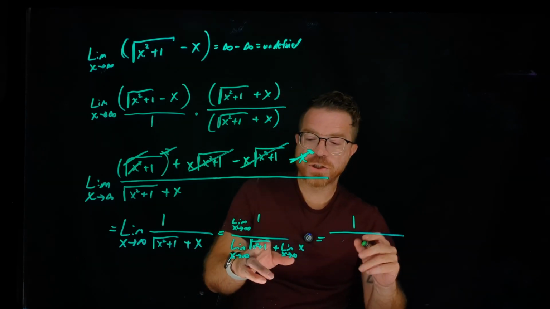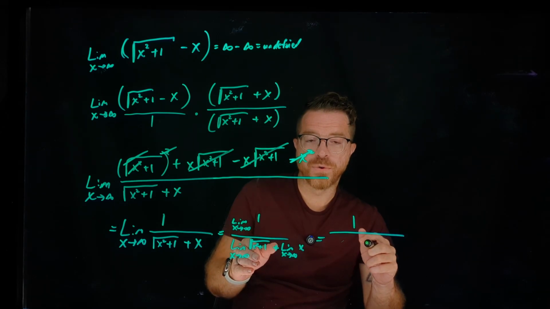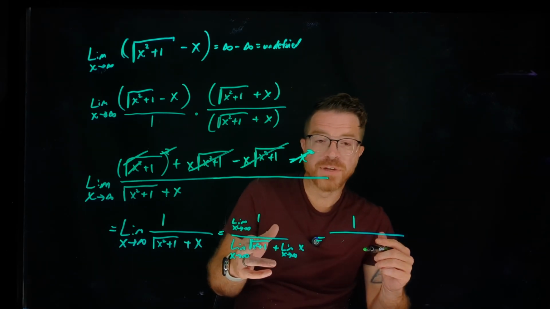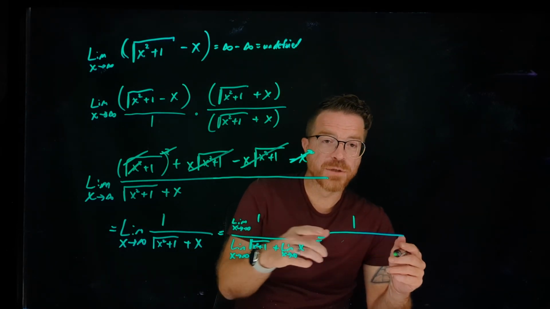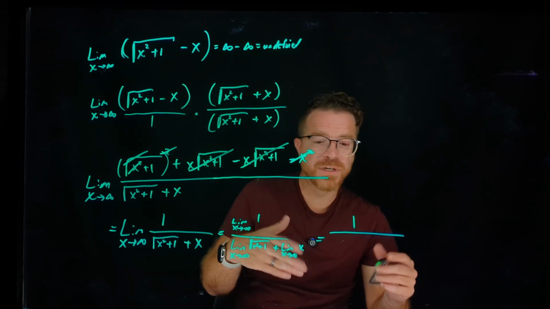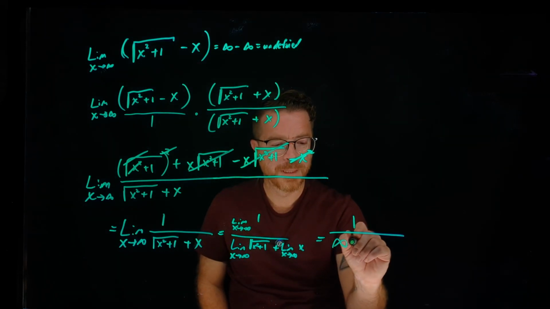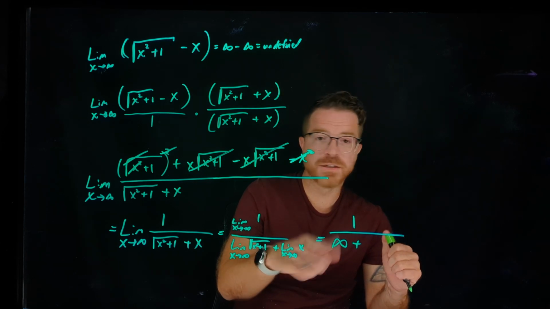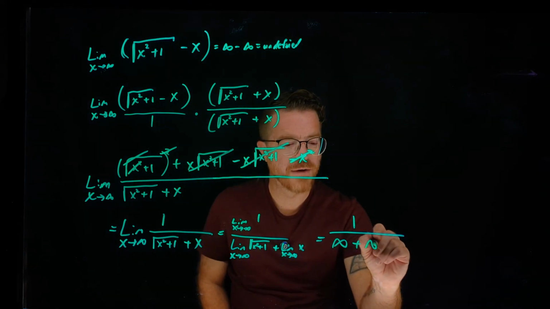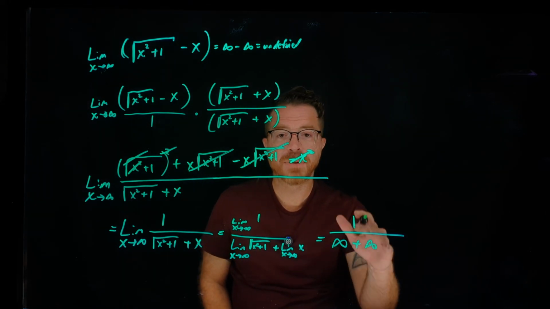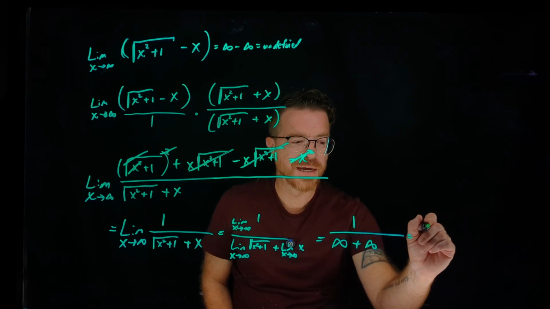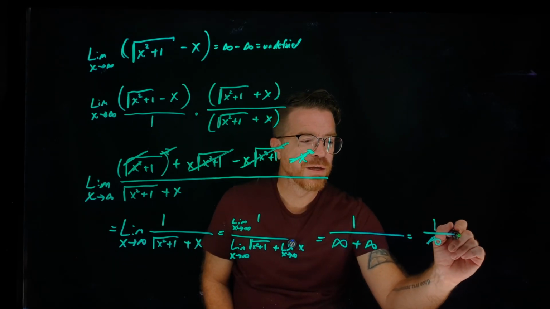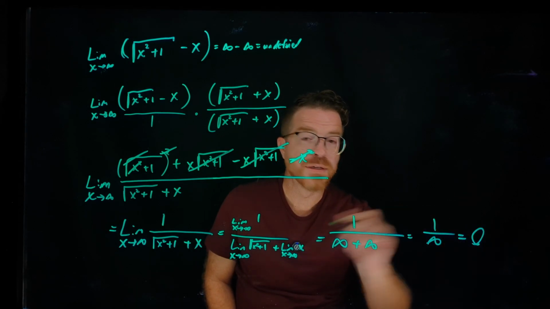The limit of x squared plus 1, you take the square root of the whole thing. We talked about this already. Infinity squared is infinity. Infinity plus 1 is infinity. Square root of infinity, still infinity. Plus, the limit as x approaches infinity of x is just going to be infinity. So we have 1 divided by infinity plus infinity, which is the same thing as saying 1 over infinity, which means that this goes to 0.